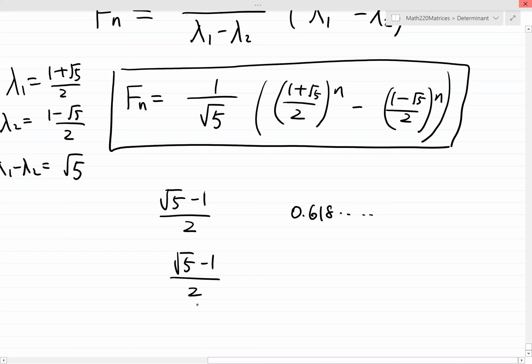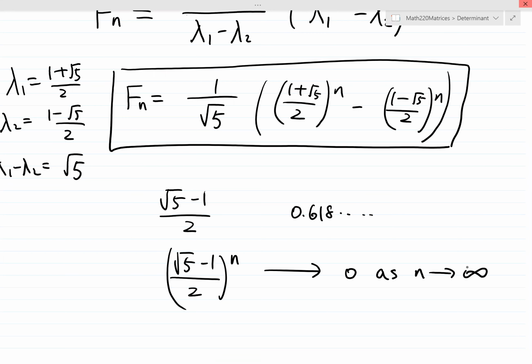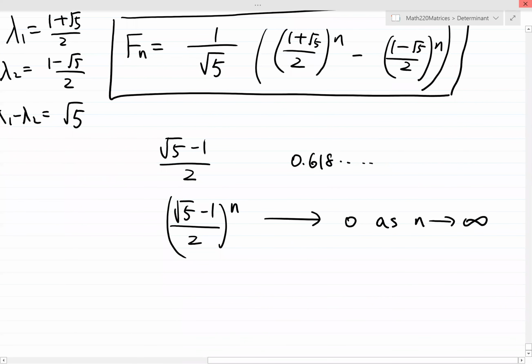So for n large, we actually know that Fn is the integer nearest to this number.